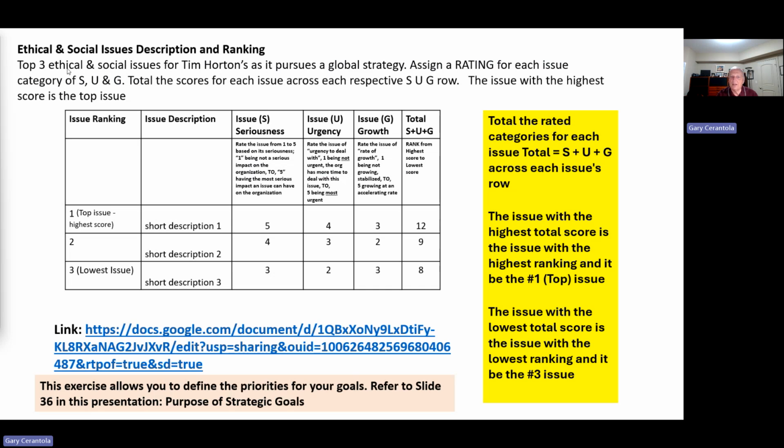So you may pick 2 ethical issues and 1 social, and then you'll rank them for Tim Hortons, as it pursues a global strategy. So you need to do a little bit of research around Tim Hortons' global strategy. You can do that through ChatGPT or Copilot, but let me know that you've done that.